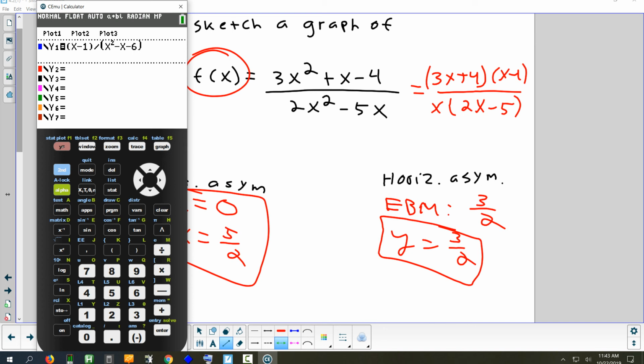Let me unstick the calculator. So I use parentheses. That's going to help. Oh, it did? Oh dear. All right, so we got 3x squared plus x minus 4.